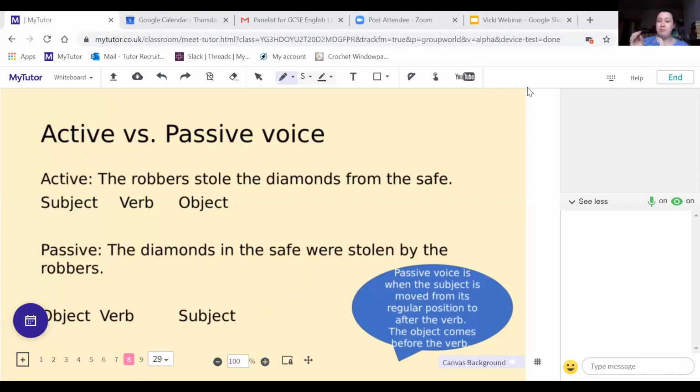We're using by there in order to tell the reader who was doing that action. So that would be the passive voice, where we shift the subject to after the verb, and then the object comes before the verb, and then we have to do a little bit of jiggling in order to get it right and meaning the same things. Right.